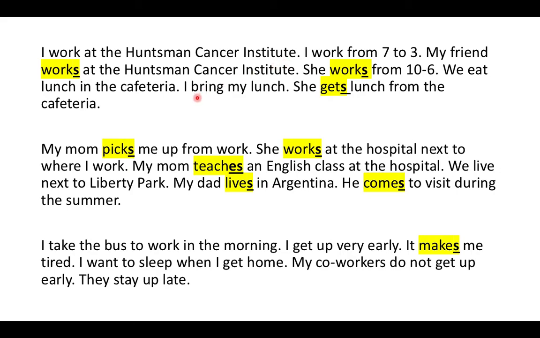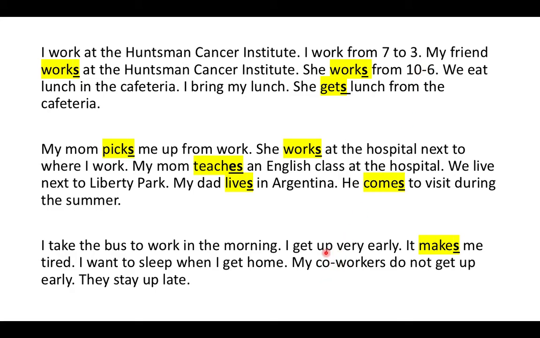I'm trying to think of other words that you may not know. Oh, this one right here, my coworkers. Coworker, this one has a little dash, a little line, like up here. But since these are not numbers, it doesn't mean "to." It is not the same thing. These two are not the same.